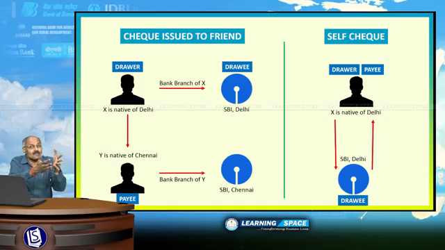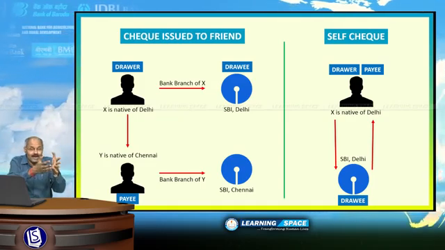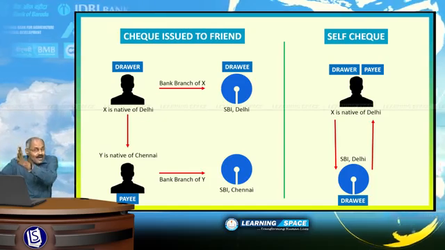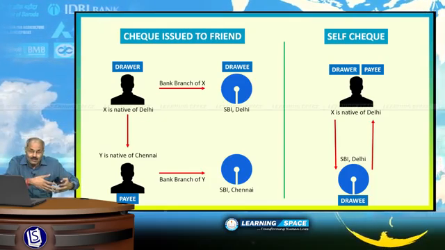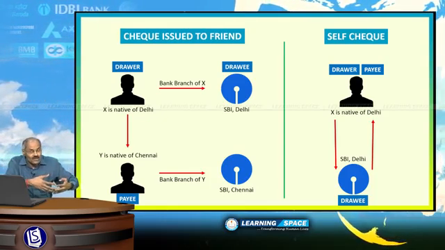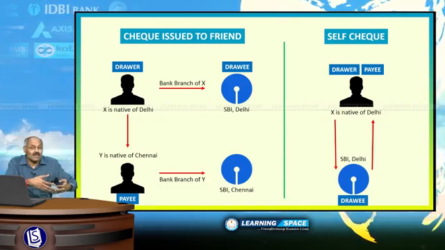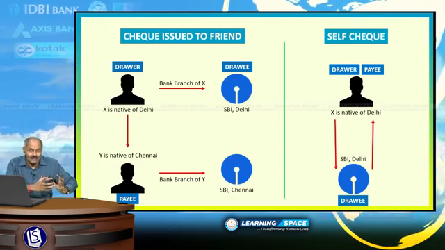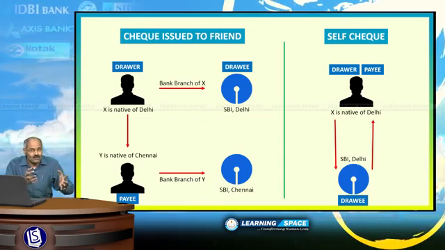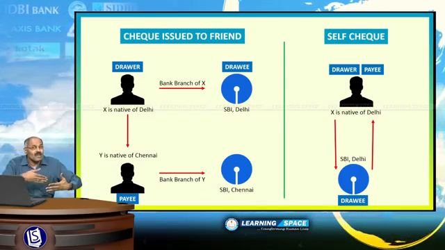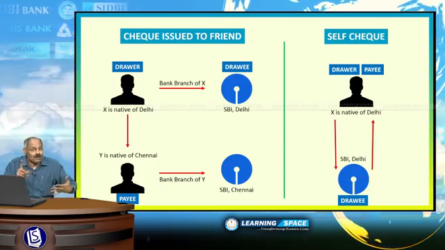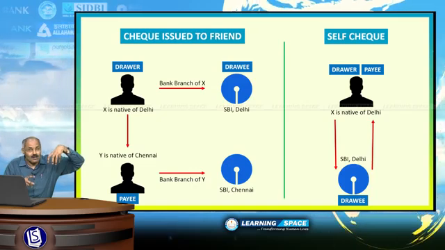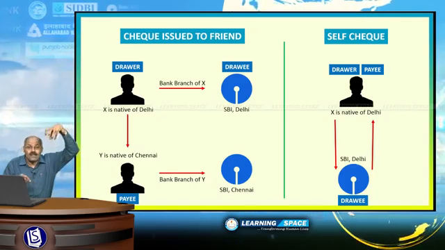Here X is the drawer, his branch SBI Delhi is the drawee branch and his friend Y in Chennai is the payee. Drawer, drawee, payee, right. And do not confuse, the branch of SBI at Chennai is not the drawee branch. The drawee branch is the branch of the drawer.